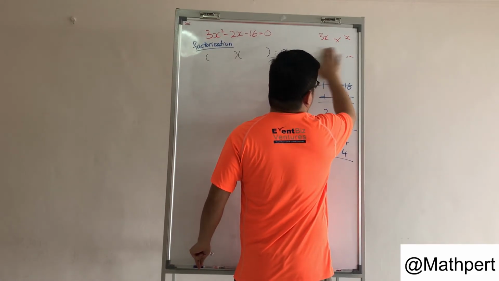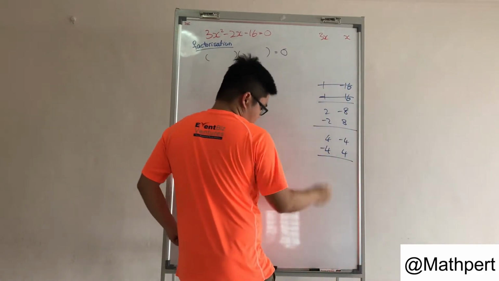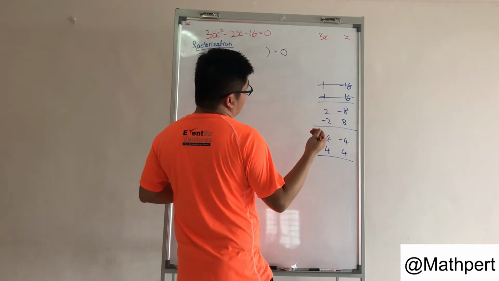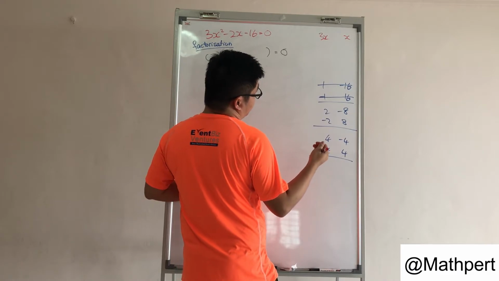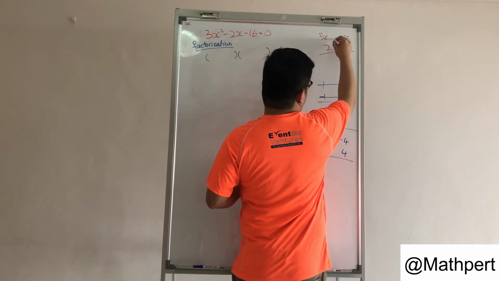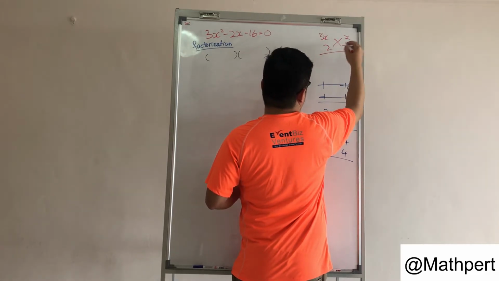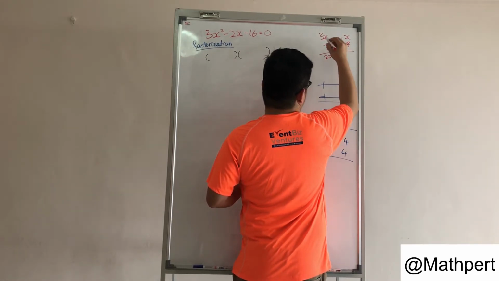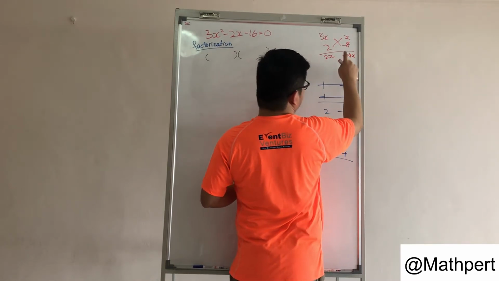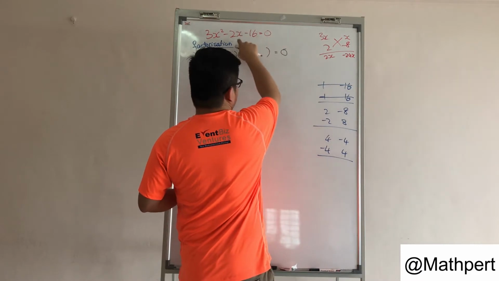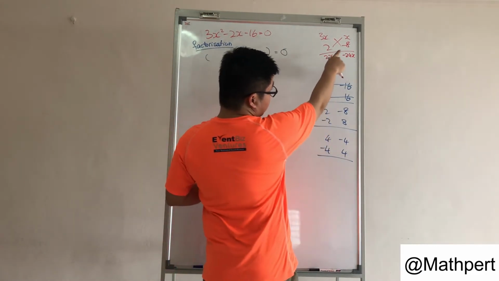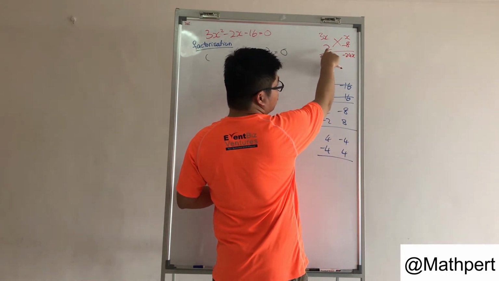Let us try the third one, 2 and negative 8. We put 2 and negative 8 here. Cross multiply. 2 multiply x will be 2x. 3x multiply negative 8 is negative 24x. Added together, this doesn't equal negative 2. But let us try changing the place of 2 and negative 8.